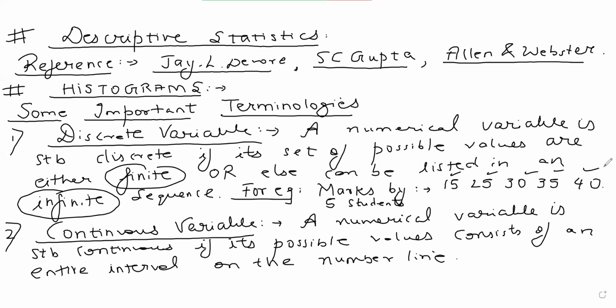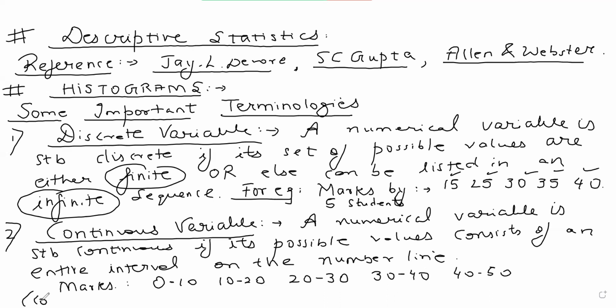On the other hand, suppose I talk about marks and write it like this: marks 0 to 10, 10 to 20, 20 to 30, 30 to 40, 40 to 50, and so on. Here, marks is a continuous variable, because we now have class intervals. Between 0 to 10, there are infinite real numbers.